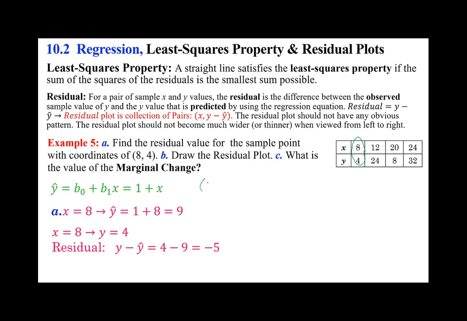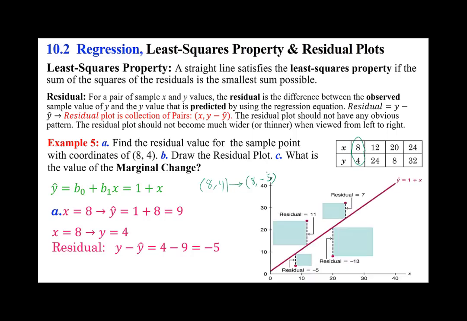So corresponding to 8, 4, we have this pair 8, comma, negative 5. If we can do one, we can do all. So here's the graph. First, y hat equals 1 plus x. That's the line. Everybody can graph it, pick up a couple of pairs, and you're done.